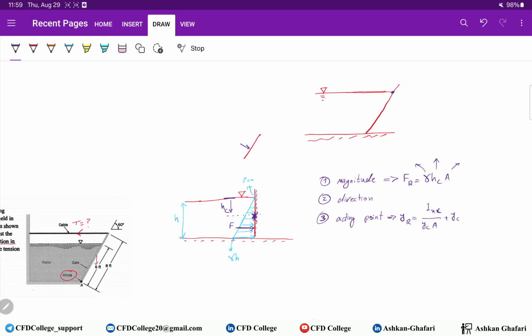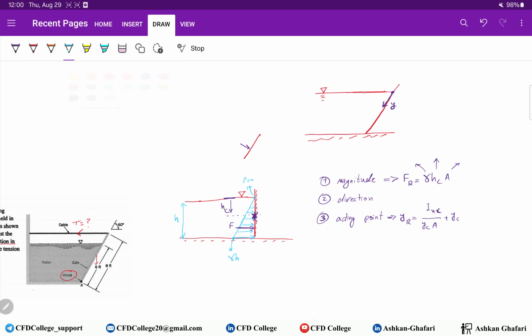This point is our origin, the intersection of the free surface and the gate, and you place the y axis here. So this is the y axis and y direction.